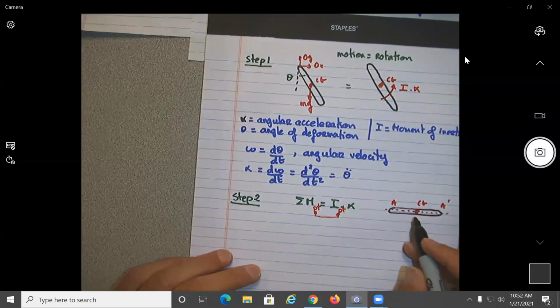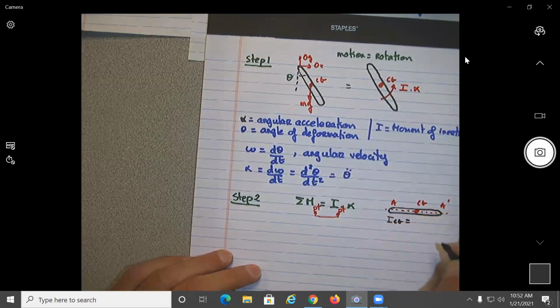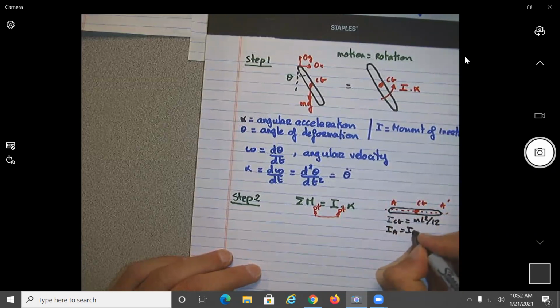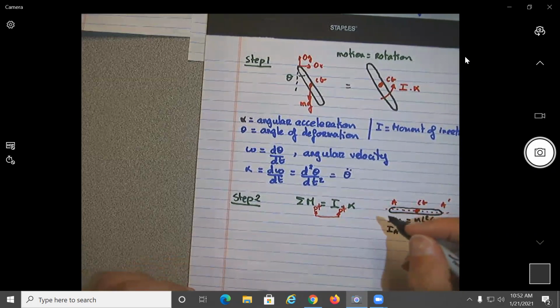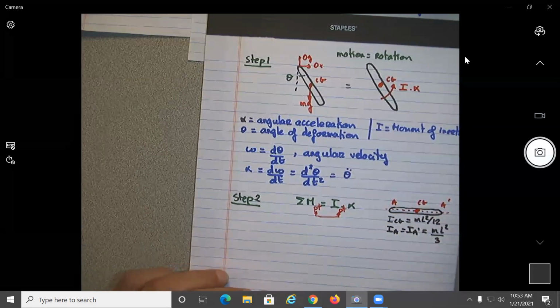The moment of inertia of a bar from the CG, maybe you remember that from dynamics, is m L squared over 12. But if you do it from one of the ends, A or A prime, using the parallel axis theorem, I cannot review everything, this is equal to m L squared over 3.